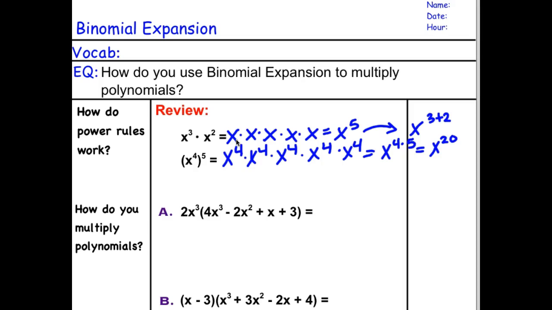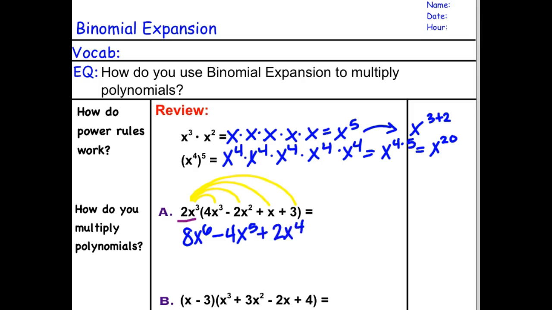We've got a couple different examples for you. This first one, we've got one term on the outside and 4 terms on the inside. So we need to distribute the whole term to everything, which means I now have 2x cubed times 4x cubed, which would be 8x to the 6th because we add the exponents, minus 2x squared times 2x cubed would be 4x to the 5th. 2x cubed times x would be plus 2x to the 4th.